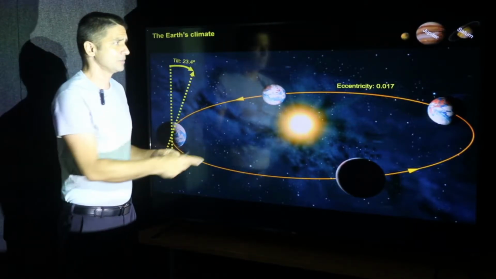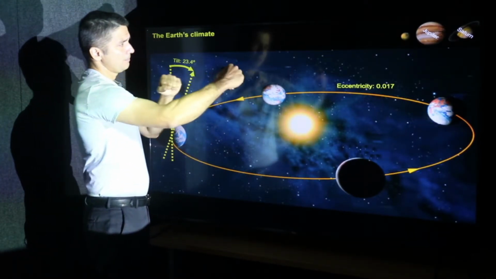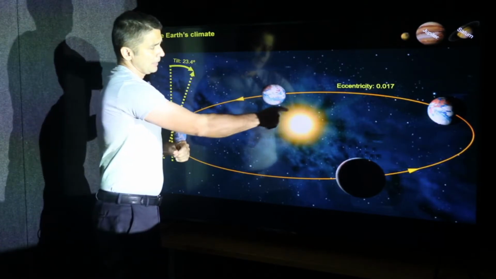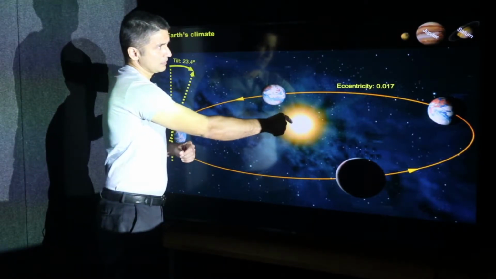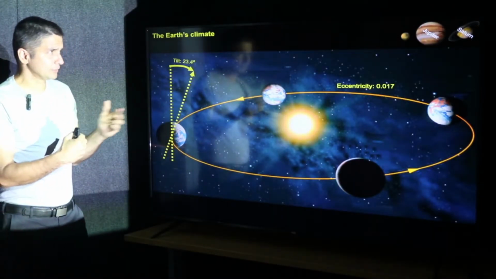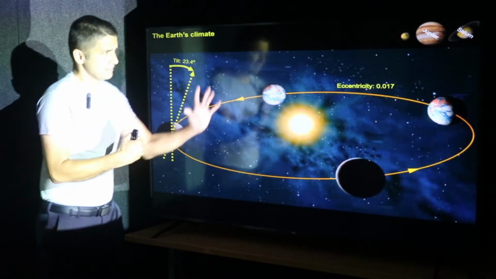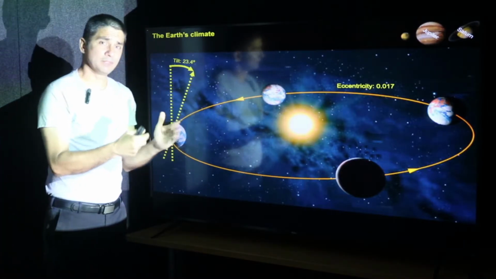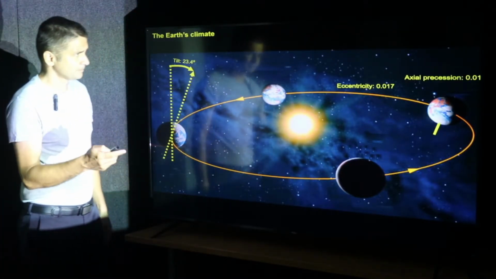So you can see how we're being pulled back and forth and away from the sun in relationship to those planets. Again, the magnetic force of those planets is so huge that at times they pull our planet, making it colder because we become farther away from the sun.